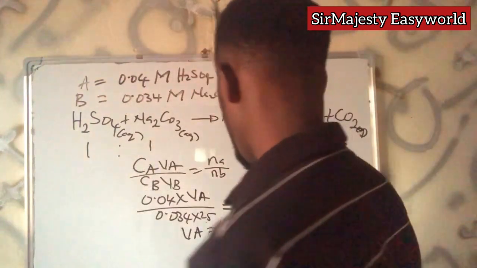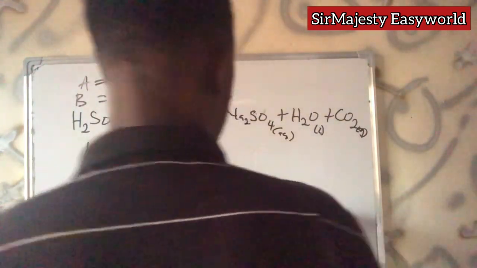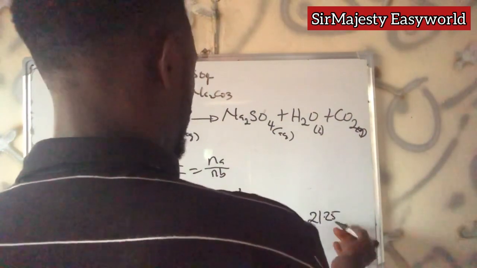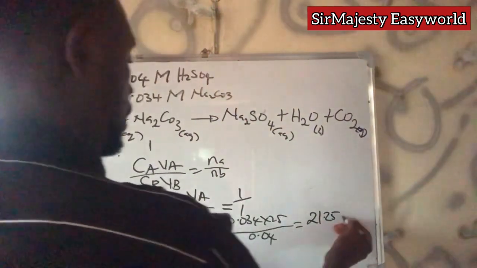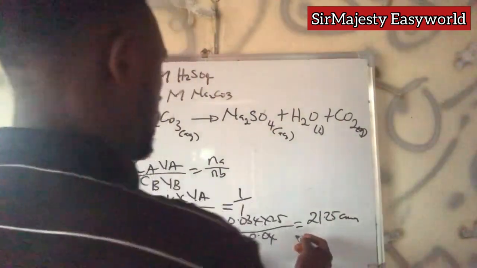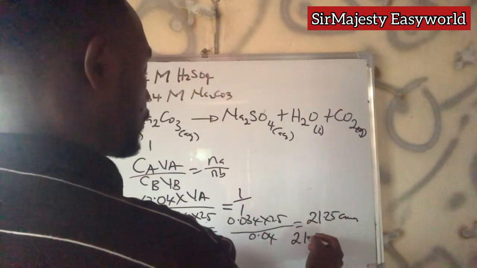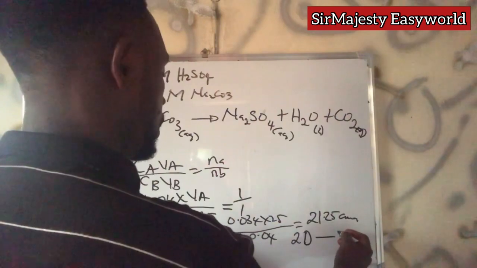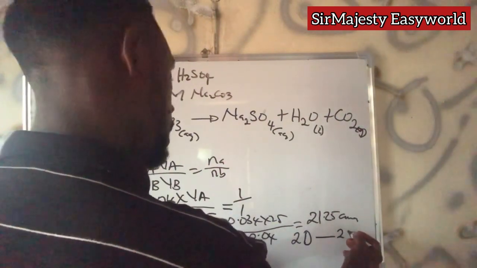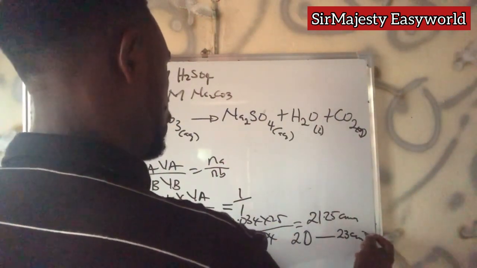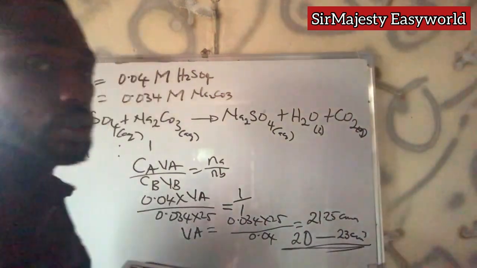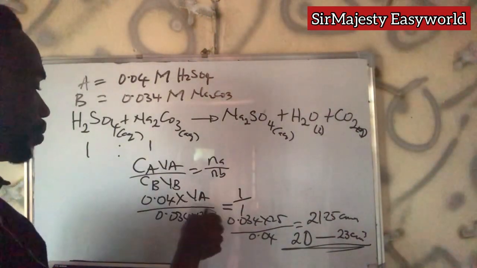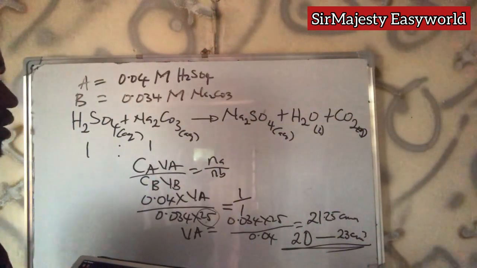So our Va is going to be 21.25 on the average, which means anybody using 21 or even 20 to 23 cm cube is still within the range. That is when your VB is 25.